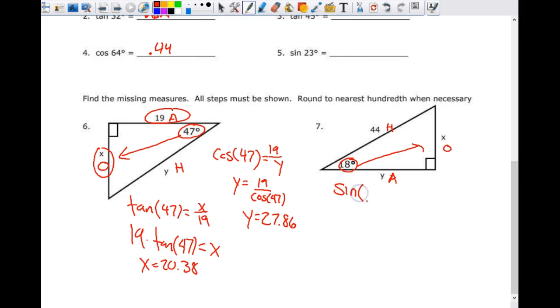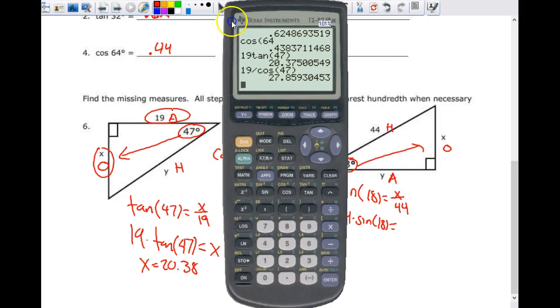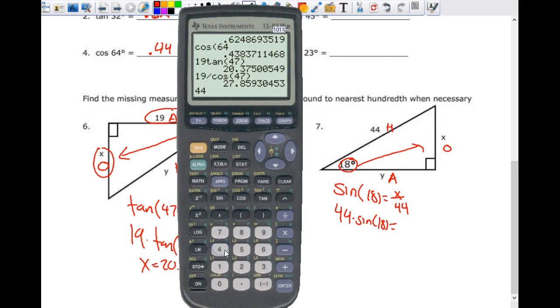Sine of 18 is equal to x over 44. Multiply, because x is on top. 44 times sine 18 is equal to 13.6.